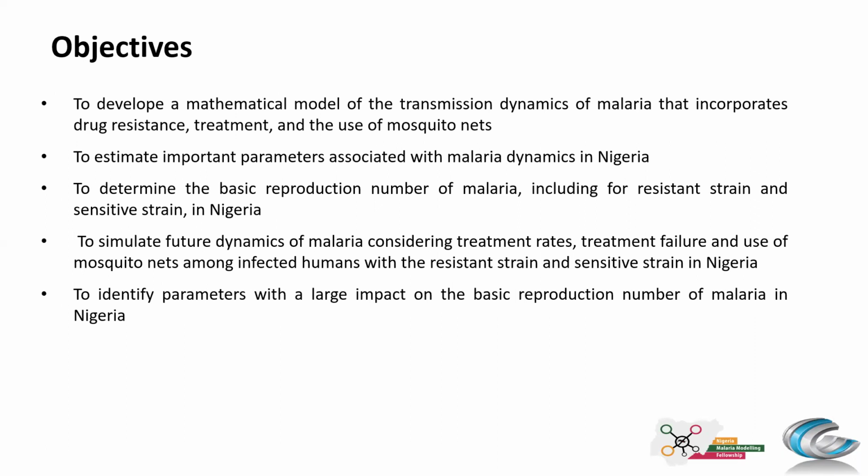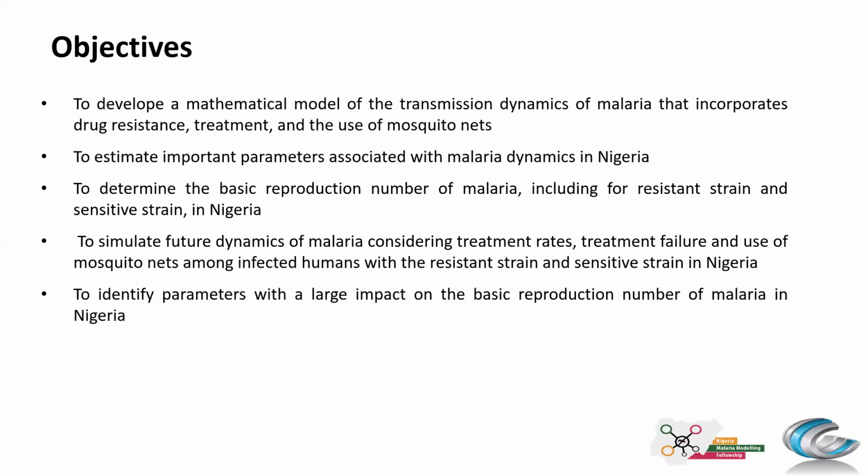The objectives of the study were, first, to develop a mathematical model of the transmission dynamics of malaria that incorporated drug resistance, treatment, and the use of mosquito nets. Secondly, to estimate important parameters associated with malaria dynamics in Nigeria. Thirdly, to determine the basic reproduction number of malaria, including those for the resistant strain and the sensitive strain in Nigeria.